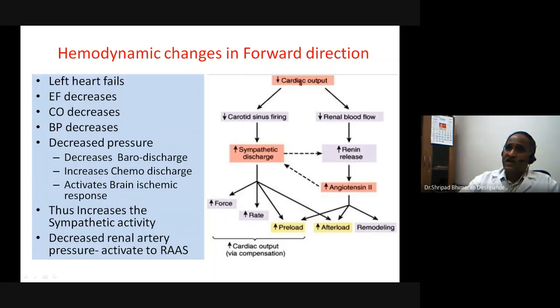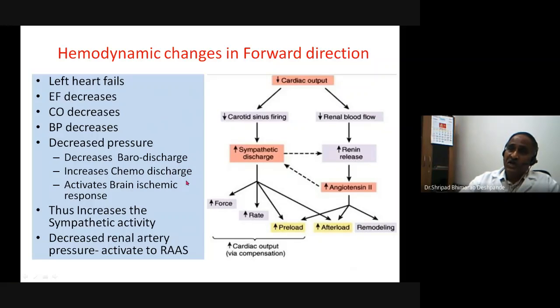The decreased cardiac output decreases the carotid sinus firing. So that means it decreases the blood pressure, and the decrease in blood pressure decreases the carotid sinus activity. That means it decreases the baroreceptor discharge. If the fall in pressure is too severe, then it may activate or increase the chemoreceptor discharge.